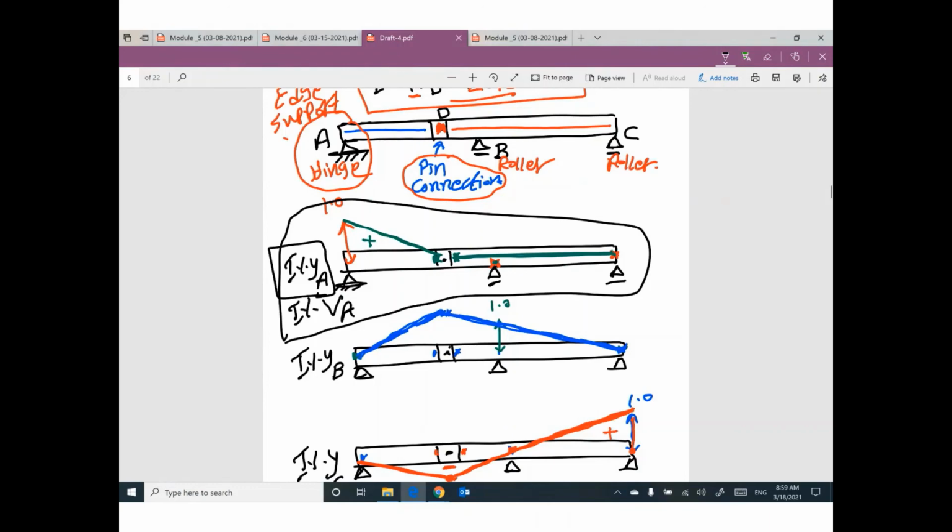Influence line for reaction at edge support. I am clear on this point. I'm not saying at any support, it's a different story. Influence line for shear at edge support equals influence line for reaction at this support.